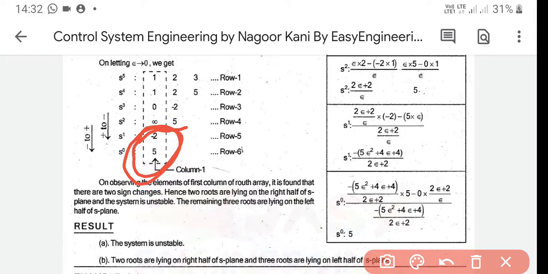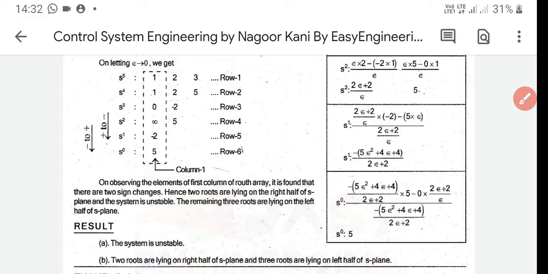But by replacing the 0 with the epsilon, finding the total row array, and after that replacing the epsilon with a 0, you are obtaining the values of the remaining rows which do not have any infinity elements. Okay, so finally you can find the stability of the system by selecting the first column of the given row array. So what is the first column of the row array? 1 1 0 infinity minus 2 and 5. So these are the elements of the first column of the given row array.